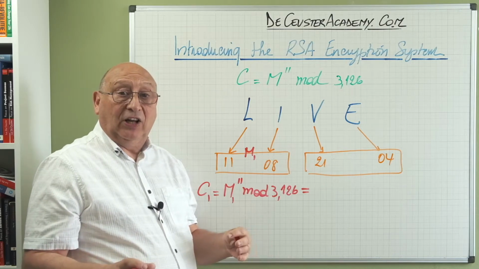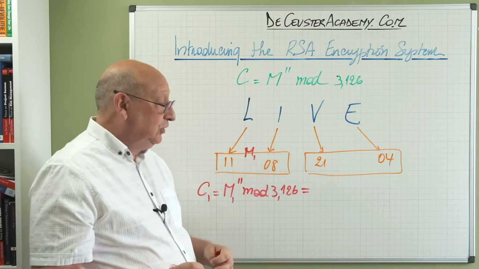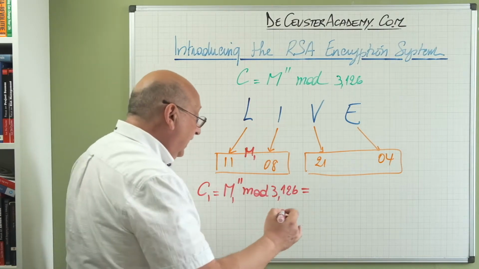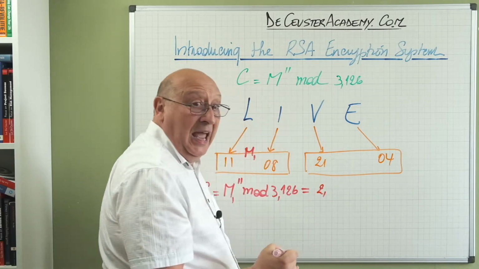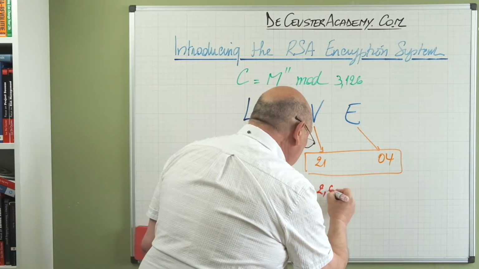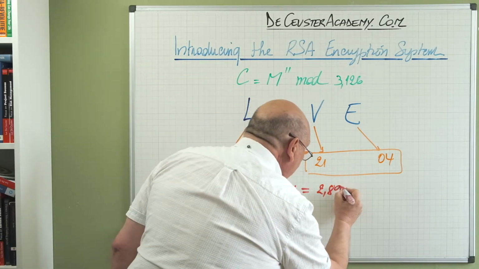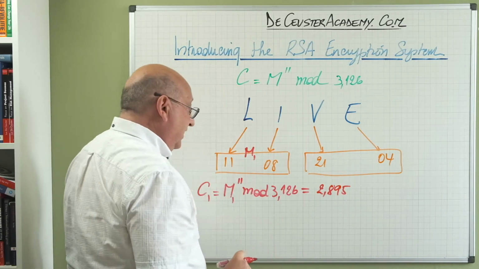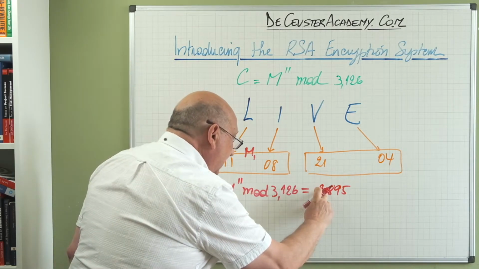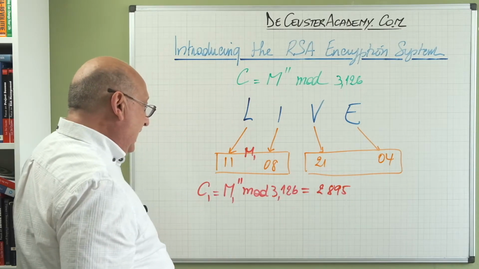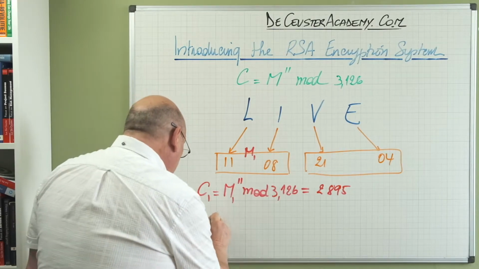Anyway, I did the calculation for you. You can verify this for yourself. And we find that it is 2,895. So basically that's the first number. We can take out the comma because this has no sense here anymore.